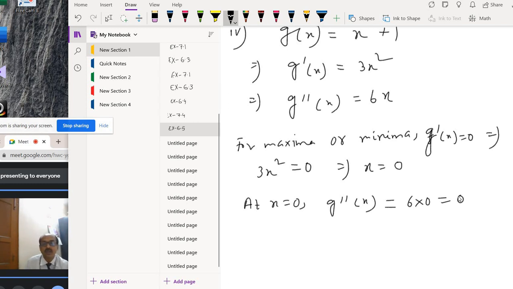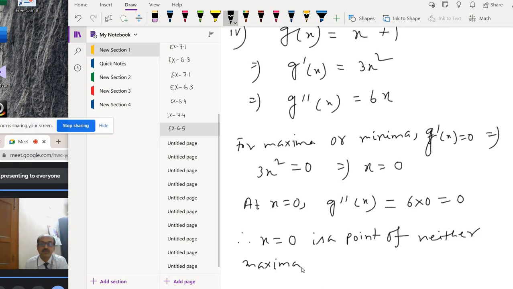So the second order value is 0. Therefore x equal to 0 is a point of neither maxima nor minima.